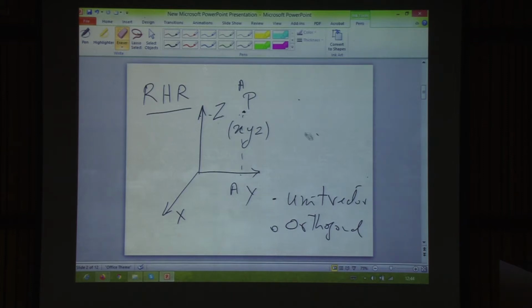If this is my rigid body like this, and this is my axis system, I will fix one more axis here, and then ask what is the angle between this axis and that axis. This position is x, y, z of this point, plus it has 3 more, which is the orientation of this body, defined with respect to the angle between the x axis, y axis, z axis of this body versus the x, y, z of this frame.